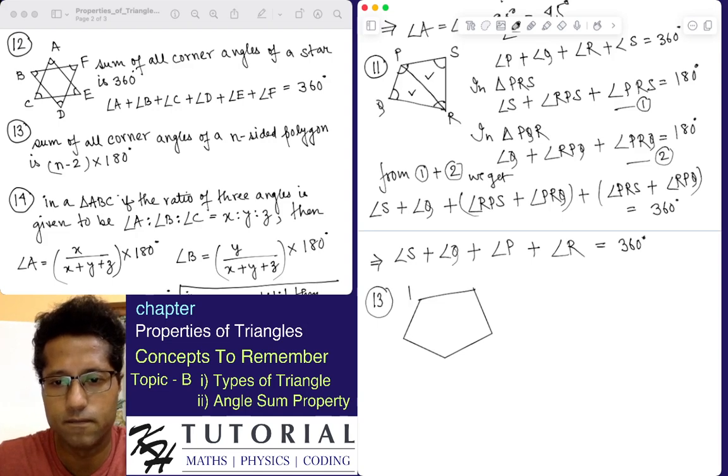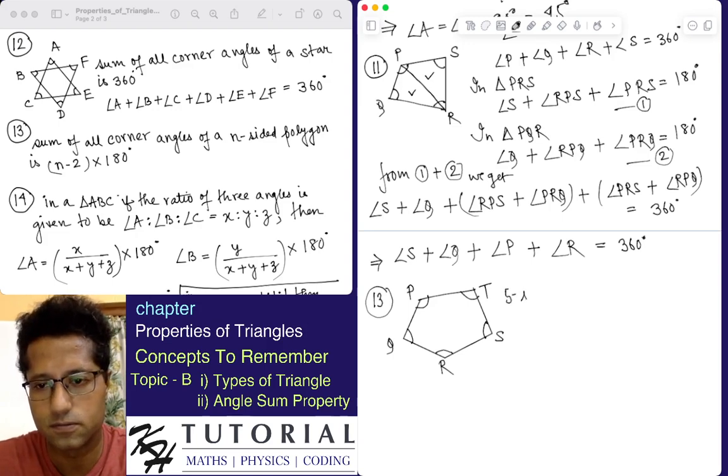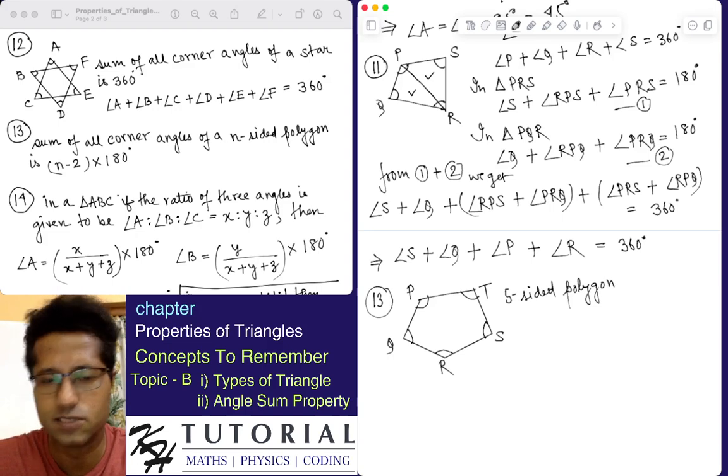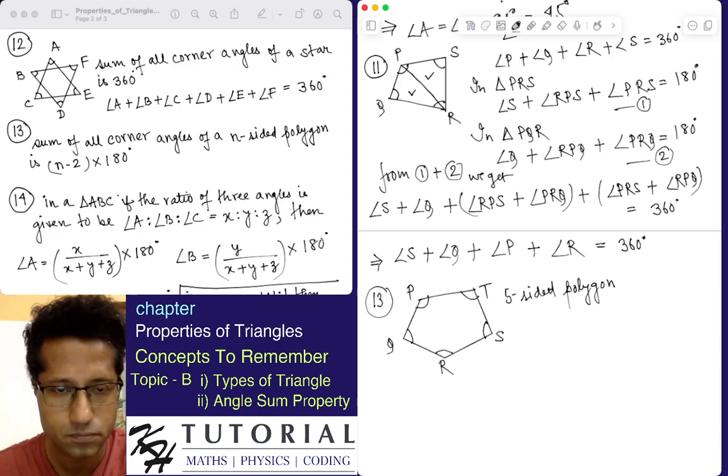So we can have P, Q, R, S, T. We have 5 angles, so this is a five-sided polygon. Similarly, you can have n-sided polygons, 6-sided, 7-sided, 10-sided polygons.